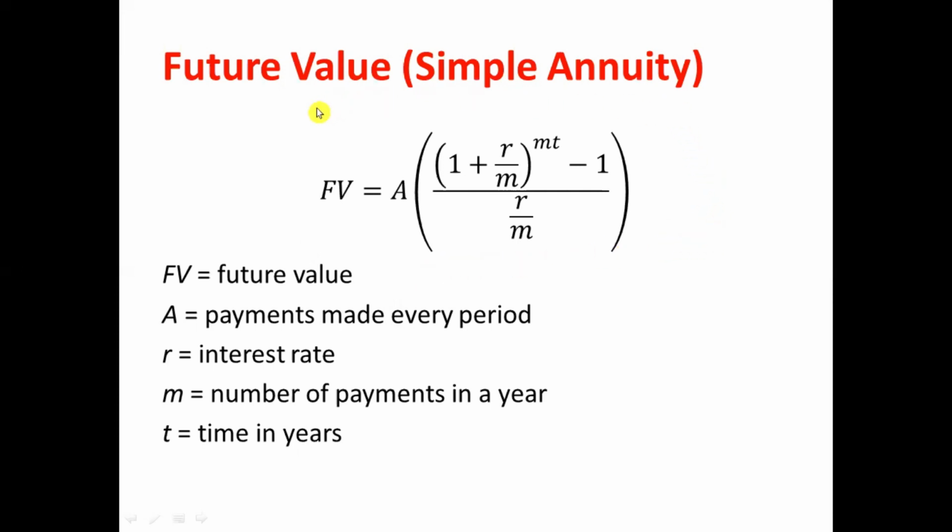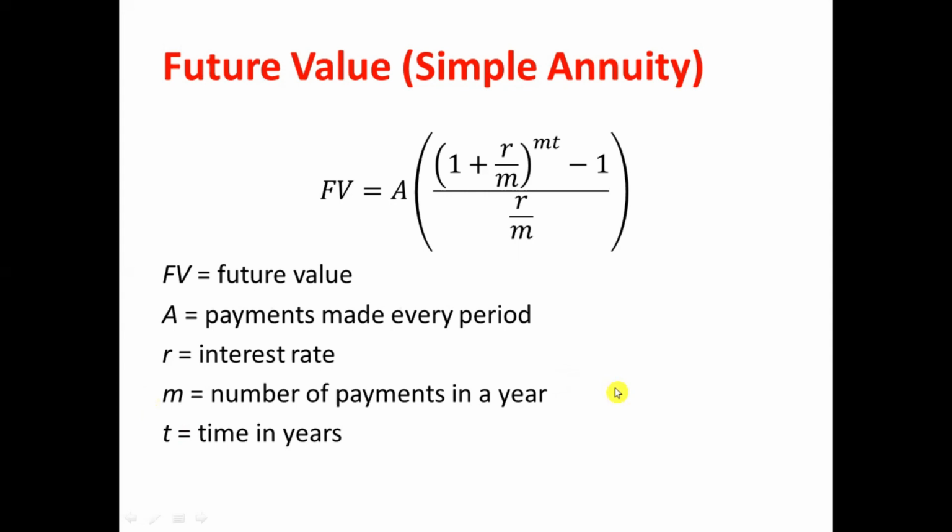Be really careful. So, our variables are the future value FV, A or amount, the payments made every period, R or the interest rate, M or the number of payments in a year, monthly payment is equal to 12, quarterly payment is equal to 4, and etc. Time or T is just time in years, so the usual.